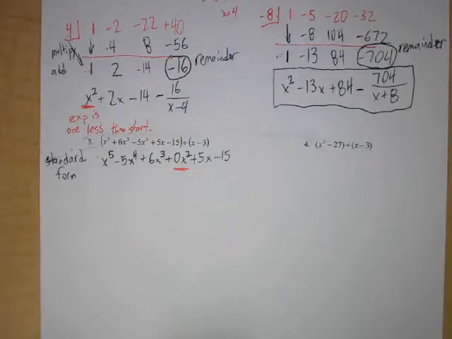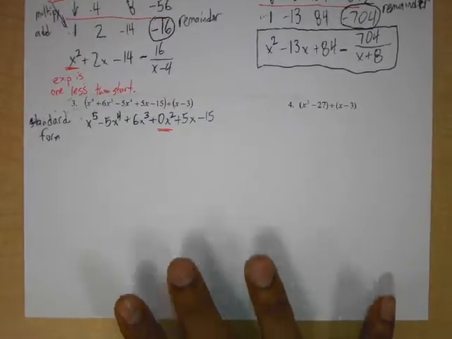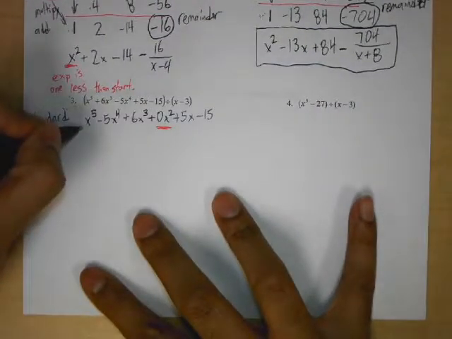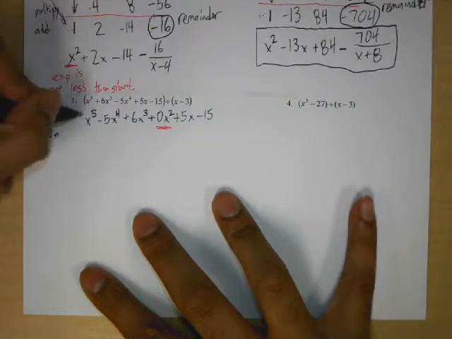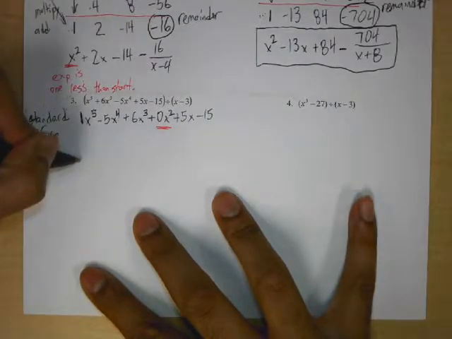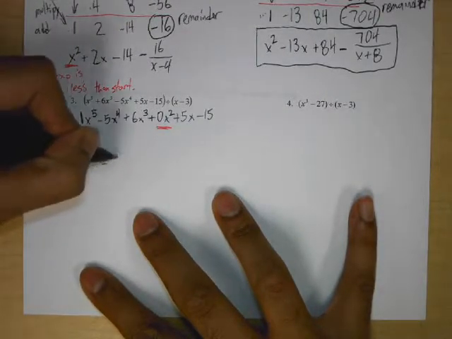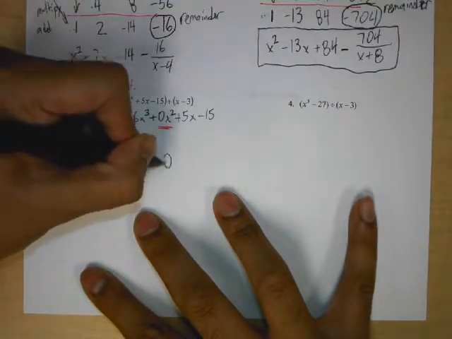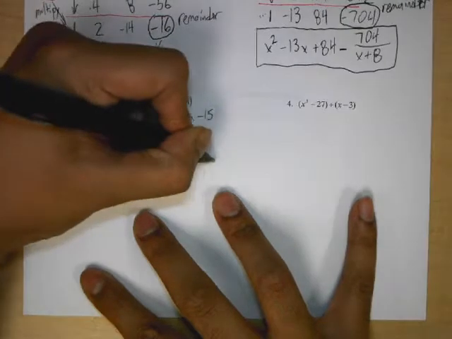Okay. So let's set up our problem once again. So what do I write out? Remember, we're only going to write out the coefficients, these numbers. So there's my imaginary 1. 1, -5, 6, 0, 5, and -15.